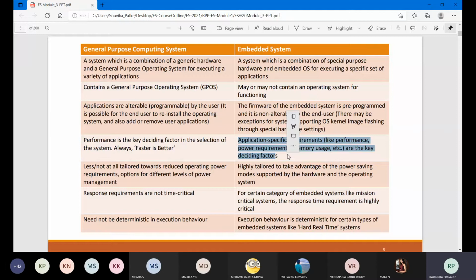So that is the thing which will be present. Less or not at all tailored towards reducing operating power requirements, because n number of peripherals means what? It will consume more power. If there is only a specific type, your power consumption will be very less. That is why that remote will last a longer duration of time, right?